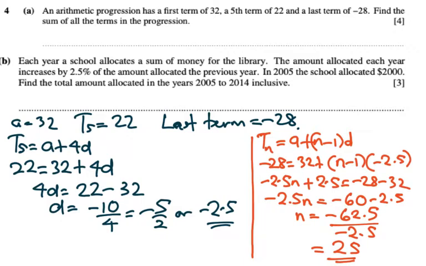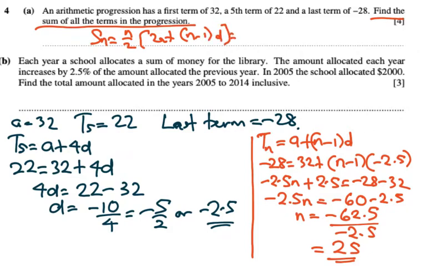Oh, sorry, I have not finished the sum of the terms. I'm not done yet, so let's finish this. So this is find the sum of all the terms in the progression. That's quite simple, S n equals n over 2 times 2a plus n minus 1 times d.